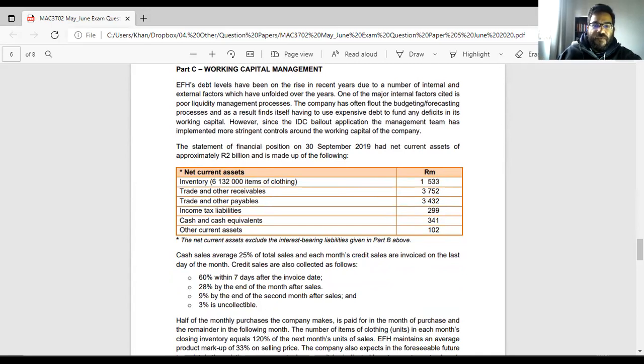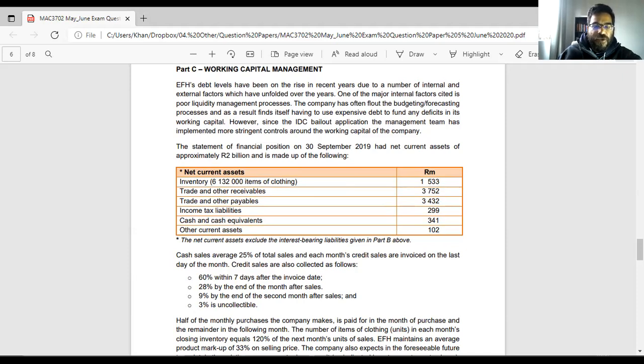The company has often flouted the budgeting and forecasting processes and as a result finds itself having to use expensive debt to fund any deficits in its working capital. However, since the IDC bailout application, the management team has implemented more stringent controls around working capital.